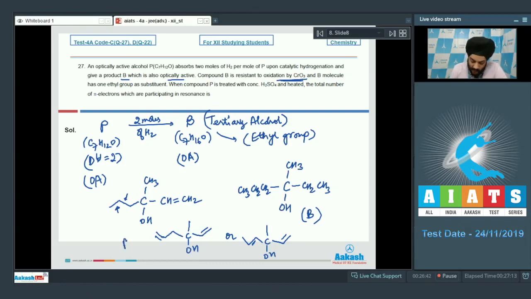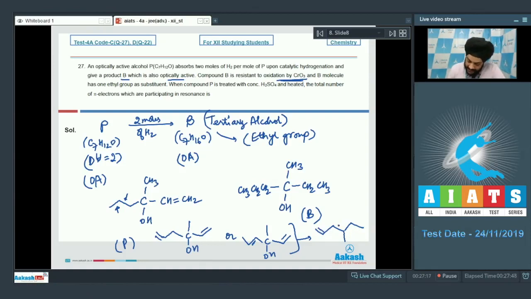Now when this compound P is allowed to react with concentrated H2SO4 in presence of heat, students, both of these compounds are going to give us the same product, which will be the product having the extended conjugation. There are a total of 6 carbons in the main chain, and then there is a substituent at the 4th position.